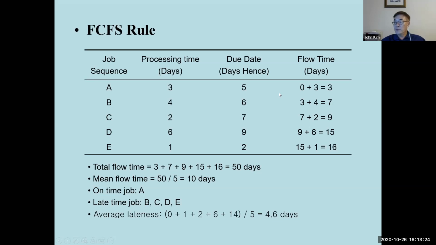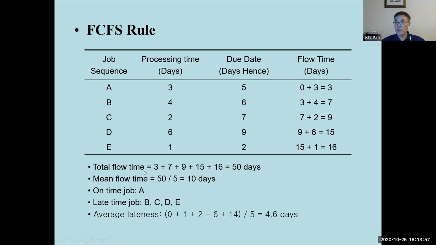Then flow time: because this one comes first, starting time 0 plus 3, so flow time is 3. And then if B comes right after A, then it waits 3 days until job A is done, plus the processing time for job B. So 7 flow time, 9, 15, 16.